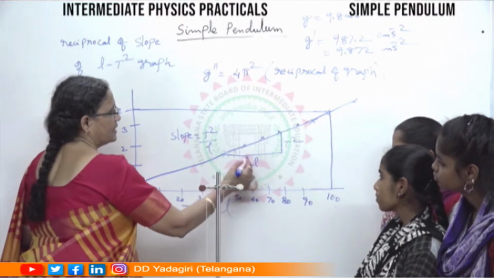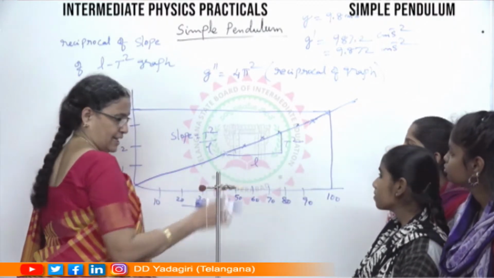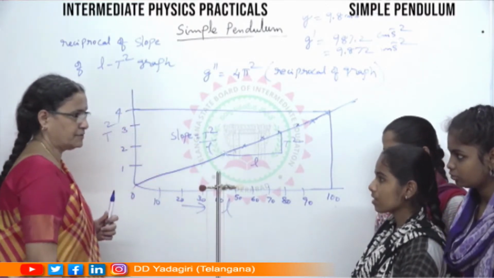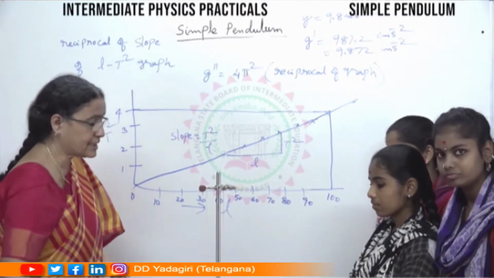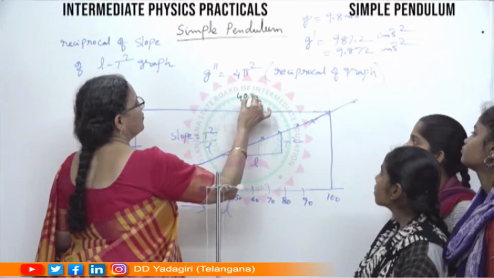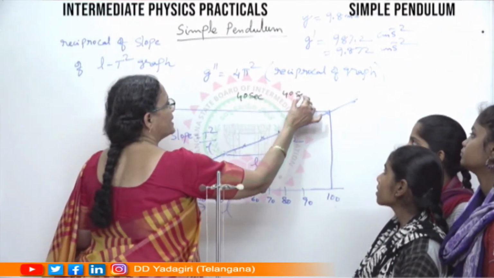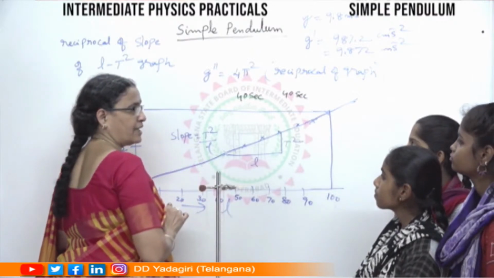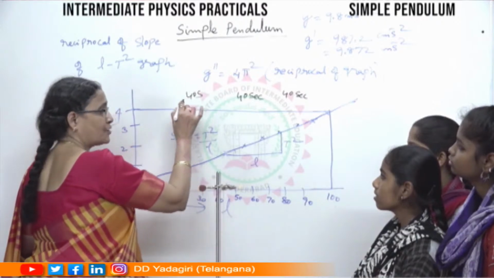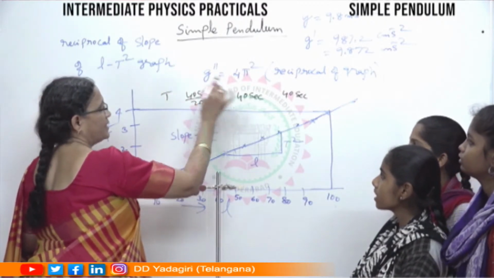So 60, 70, 80, 90. For 100, if you take 100, the bob will go almost near to the ground. So you will get 40. For example, first reading is 40 seconds. Say the second reading is also 40 seconds. What is the average of 40 and 40? 80 by 2, that is 40. And this is the total time. What will be the time period? 40 by 20, that is 2.